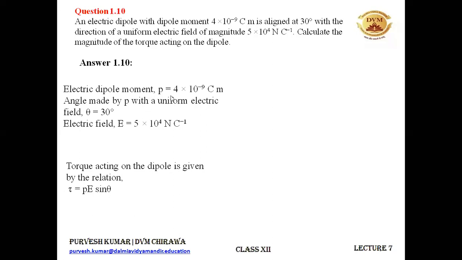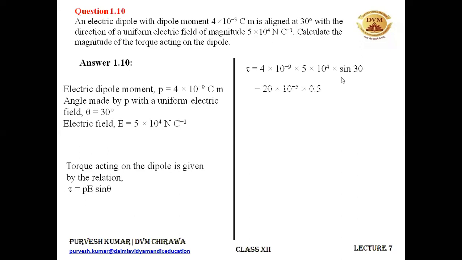In place of P, put this value 4 into 10 to the power minus 9. In place of E, put this value 5 into 10 to the power 4 Newton per coulomb and sin 30. So the equation becomes like this. Tau equal to 4 into 10 to the power minus 9 multiplied by 5 into 10 to the power 4 multiplied by sin 30, and sin 30 is 0.5, that is half. So in place of sin 30, I'll be replacing it with half. 4 into 5 is 20, and 10 to the power minus 9 with 10 to the power 4 becomes 10 to the power minus 5.